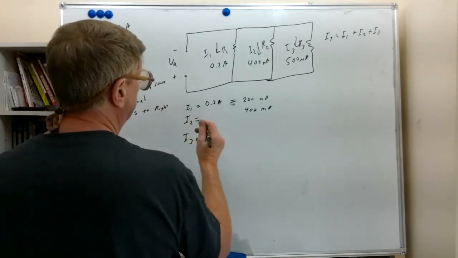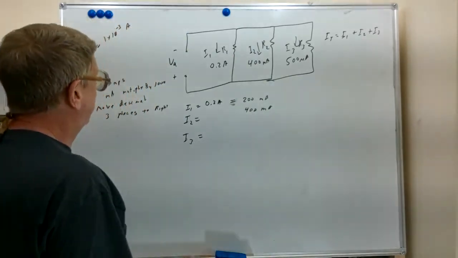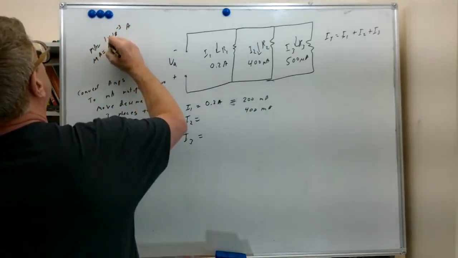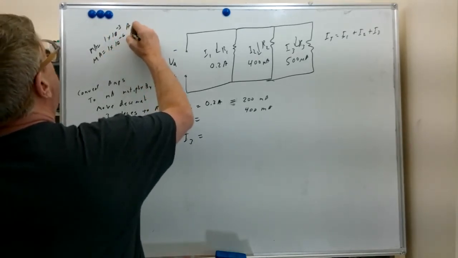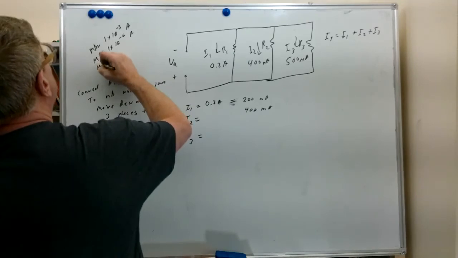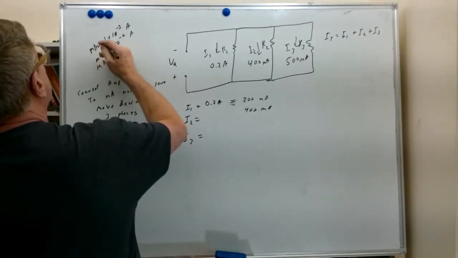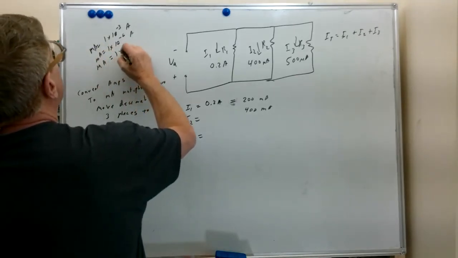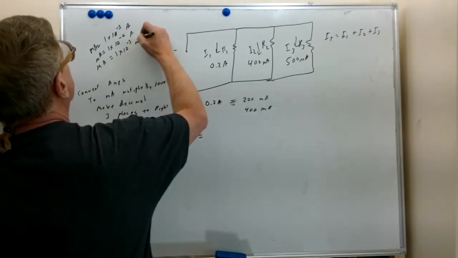I3, 500 microamps. Well, a microamp equals 1 times 10 to the minus 6 amps, or a microamp is equal to 1 times 10 to the minus third milliamps.